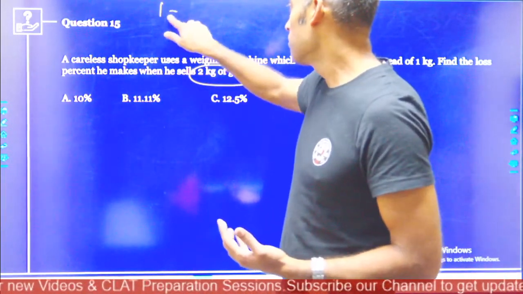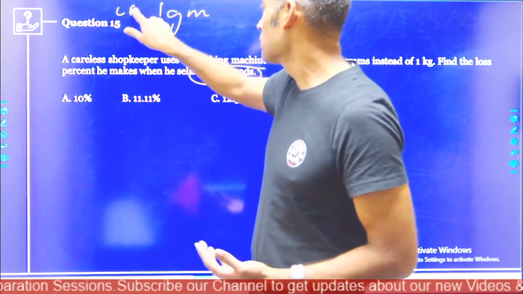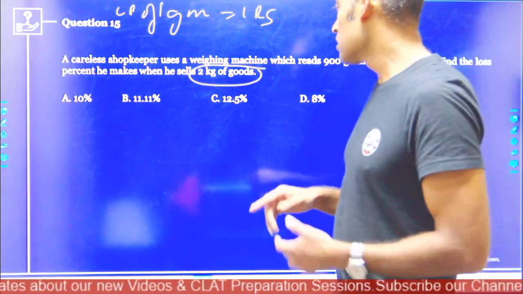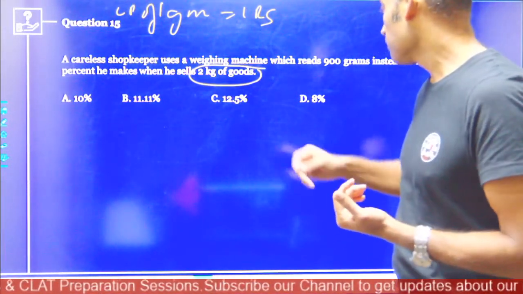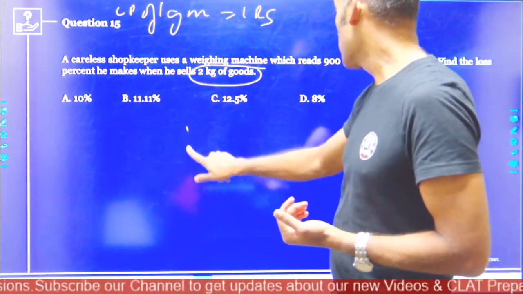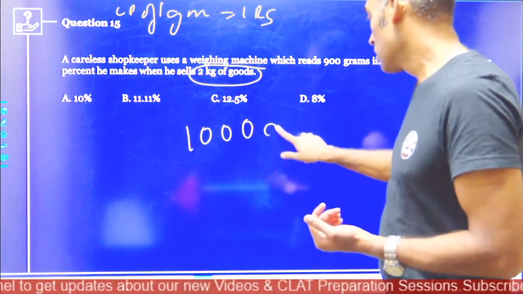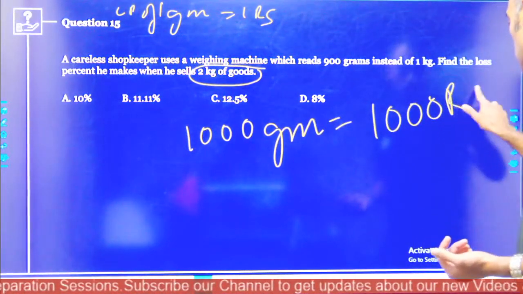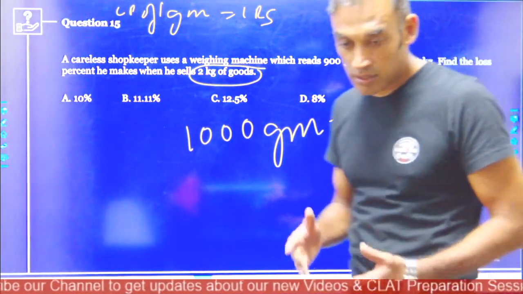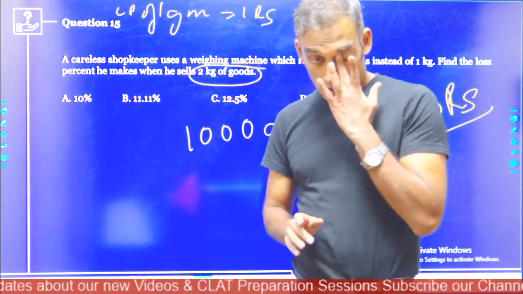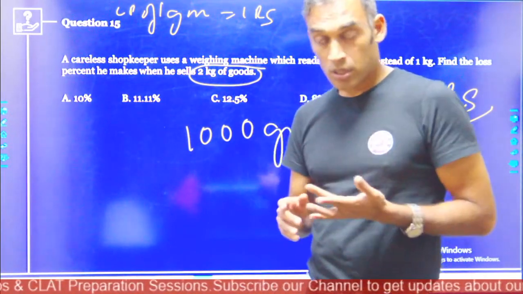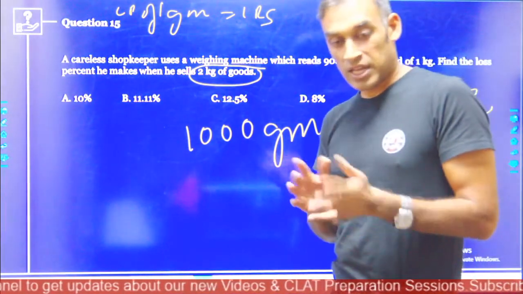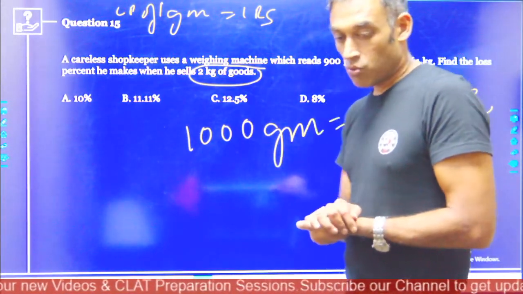So let's say CP of 1 gram, cost price of 1 gram, is equal to 1 rupee. So basically, his cost for 1000 grams is equal to 1000 rupees. Right? This is his investment. But how much does he realize if he's selling with SP equal to CP?